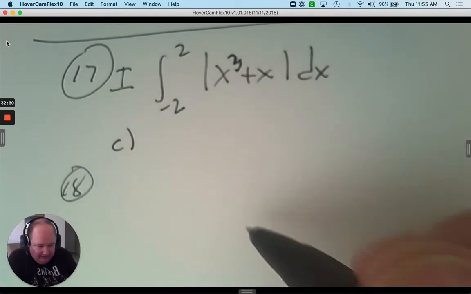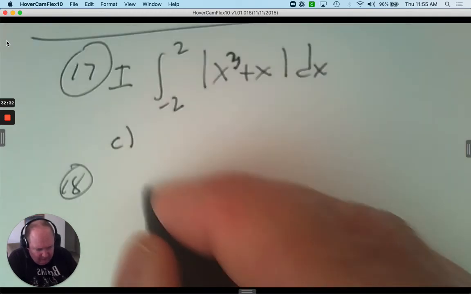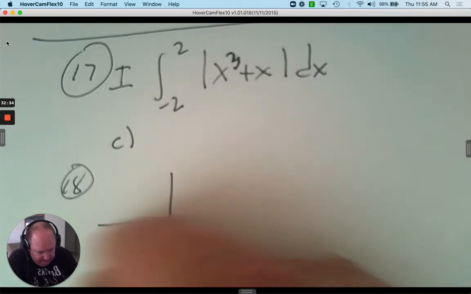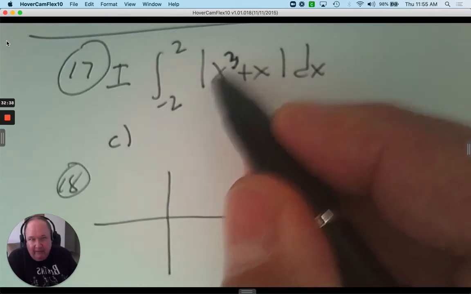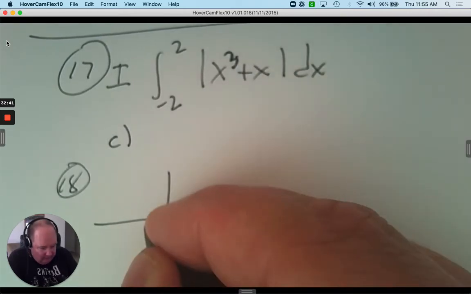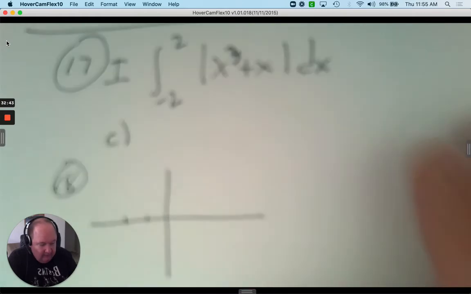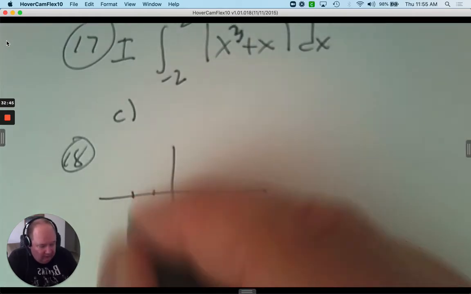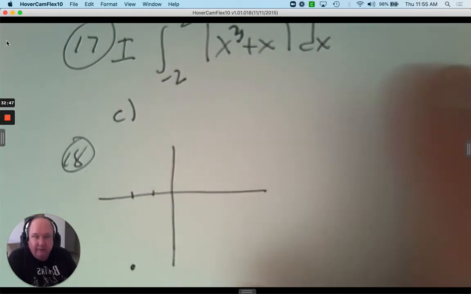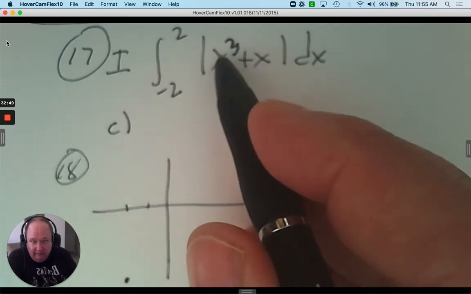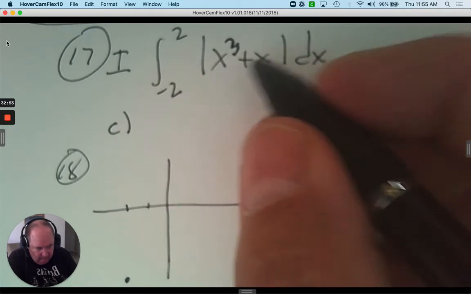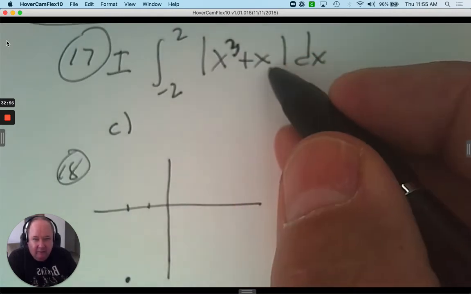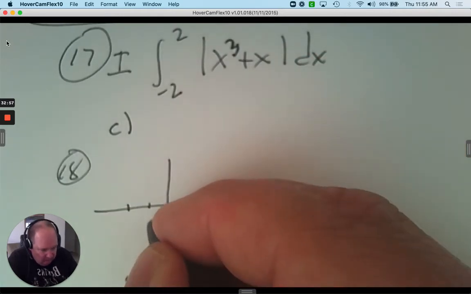So if I graph this, let me just graph it for you. If I plugged in -2, I would get -8 subtract 2, which is -10. So if I went to -2 and -10, that would be there. If I did -1, that would give me 0, because -1 and -1 is -2.